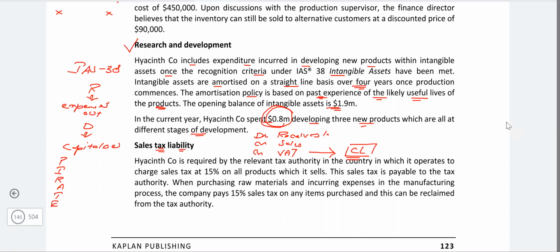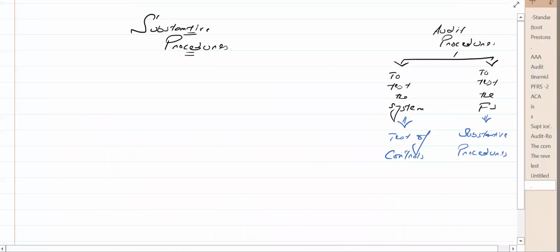Maybe they are not viable. The probable economic benefits is not the case over there. In that case, it should be expensed out, or currently the criteria is not met. So yes. Now let's start writing the procedure.